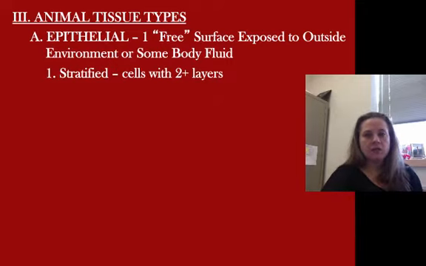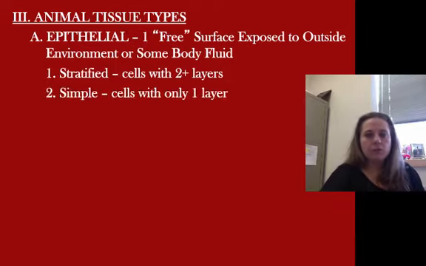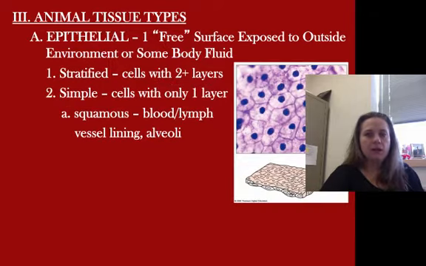Stratified cells contain two or more layers of cells stacked on top of one another. We have simple epithelial tissue, which is a single layer of those cell types, and some of those cell types are squamous. Squamous cells will make up our vessel linings.